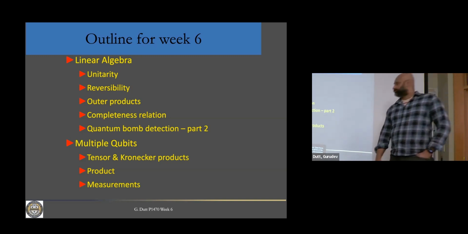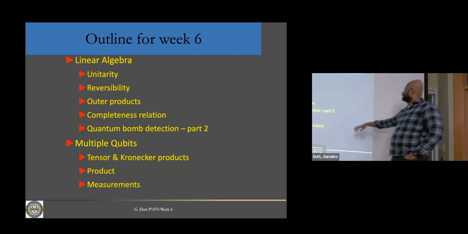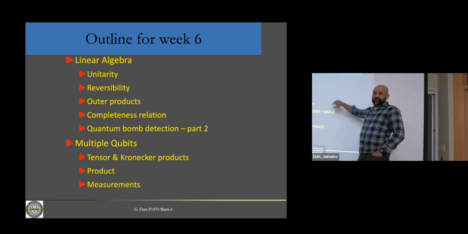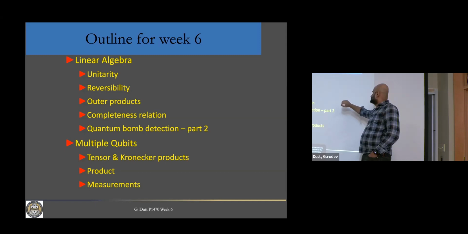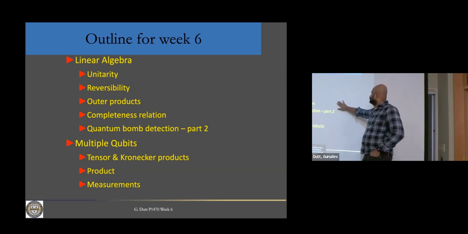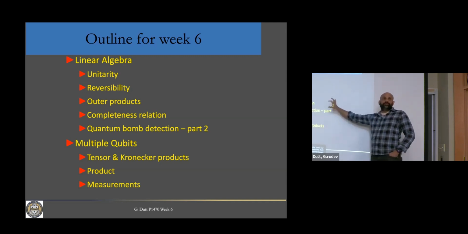Okay, so the outline for this week is that we'll continue and finish up learning the linear algebra that you need for the course. Most of it is just the math and definitions and understanding how to use them. But at the end, I thought I would finish with an application of linear algebra.